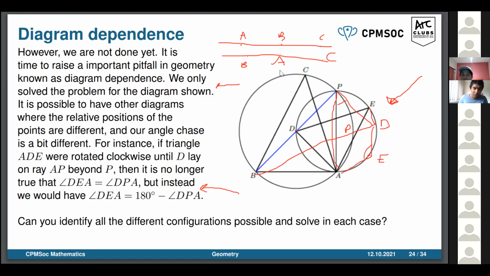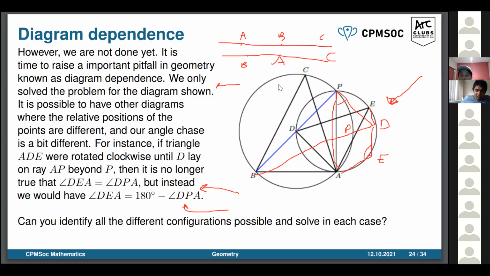So you went from two angles being equal at the start, to two angles that add up to 180 degrees. It turns out 99% of the time, even though the diagram slightly changes, the problem is still true. So for example, equal angles might turn into 180 minuses and so on, but usually the end result you're trying to prove is still true.